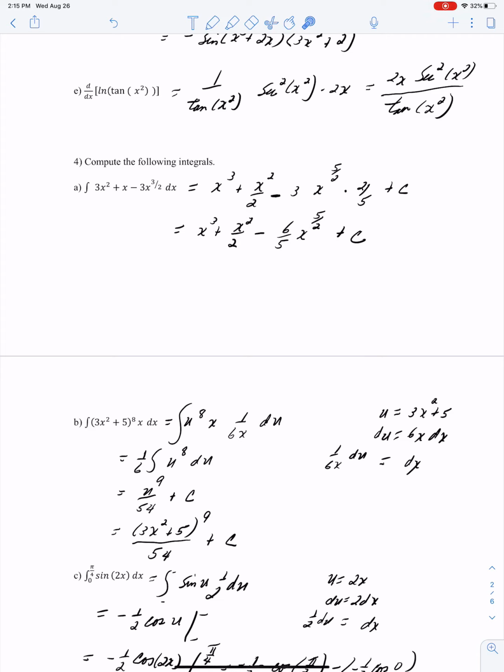Then you have to divide by that power. Well, that's the same as multiplying by the reciprocal. So you multiply by 2/5. That leaves you with this term plus c. When you clean things up, you get x cubed plus x squared divided by 2 minus 6/5 x to the 5 halves plus c, since 3 times 2 is 6.